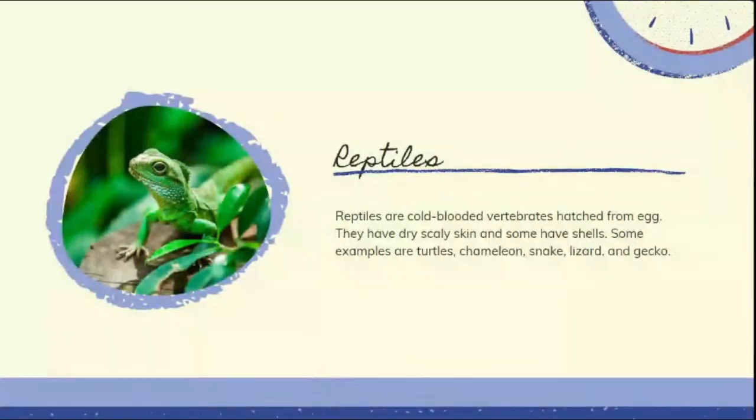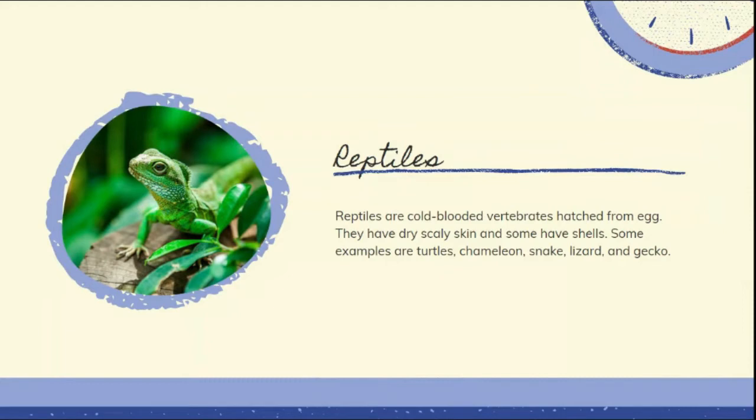Next and the last group is the reptiles. And reptiles are cold-blooded vertebrates hatched from eggs. They have dry, scaly skin, and some have shells. Some examples are turtles, chameleon, snake, lizard, and gecko.